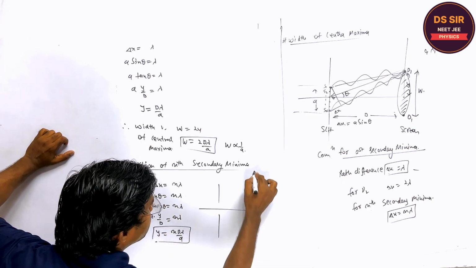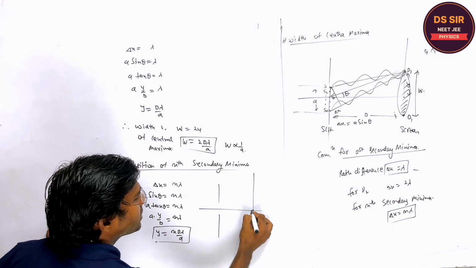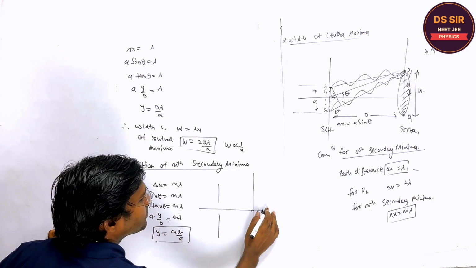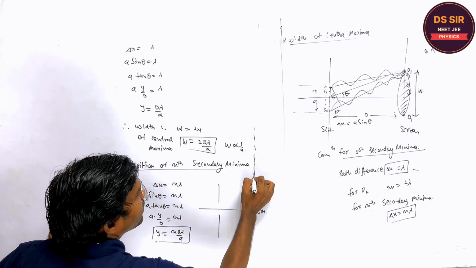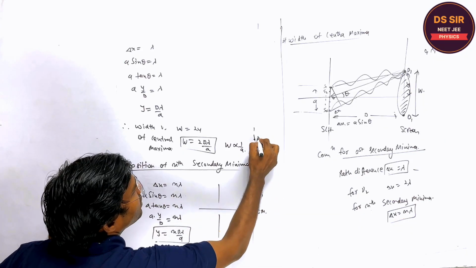If this is the slit, this is the central maxima, this is D1, this is D2, in the same way this is D3 and this is D4.